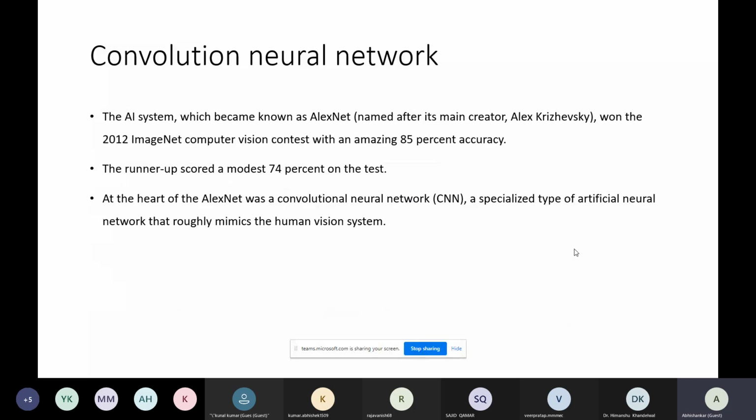Okay, so because they won this, they were able to show that CNN, or convolutional neural network, has applications, and so people again started working on it. And now taking images is not a big deal.